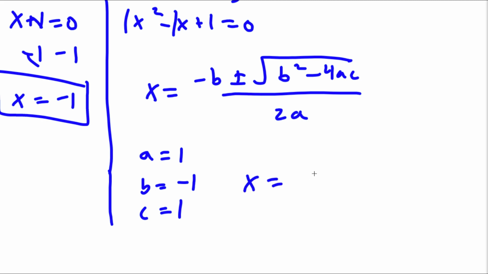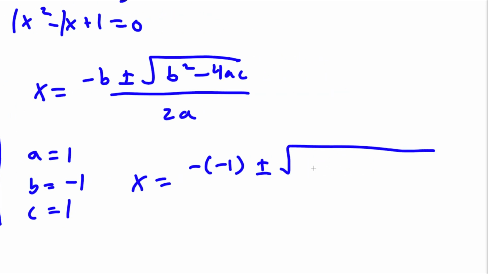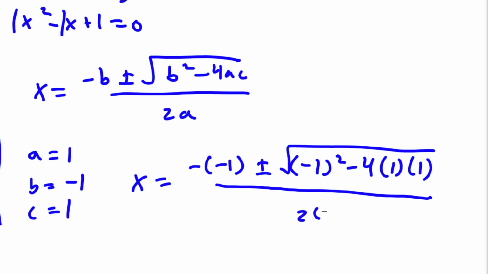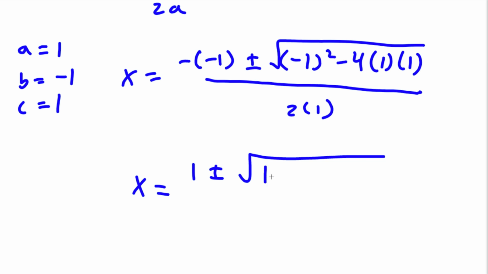So I have negative b, so negative 1, plus or minus the square root of b squared, so negative 1 squared, minus 4 times a times c, all over 2a. Now negative and negative 1 is positive 1, so I have positive 1 plus or minus the square root of negative 1 squared is positive 1, minus 4 times 1 times 1 is simply 4, over 2 times 1 is 2.